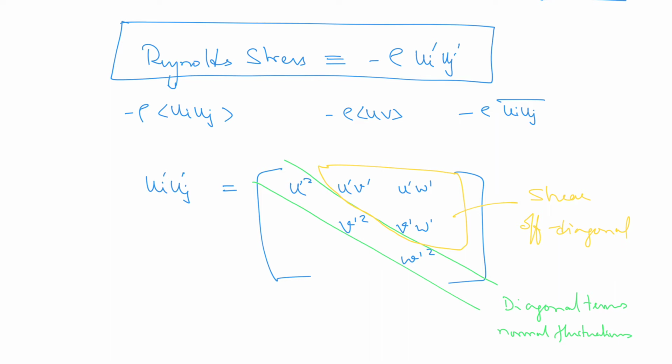Now this given tensor has u', v', w' as individual components, and also you have u'v', u'w' and v'w', the cross correlation components. So now we need to find meaning for each and every individual term in this, such that we will be able to understand what Reynolds stresses are doing.